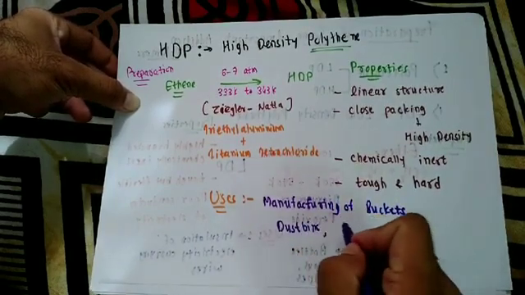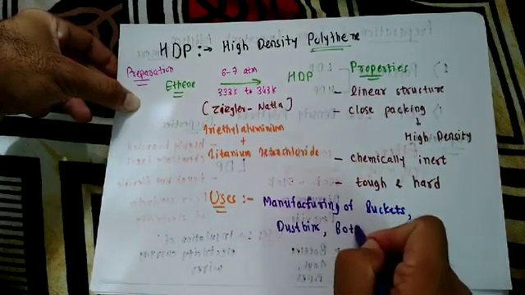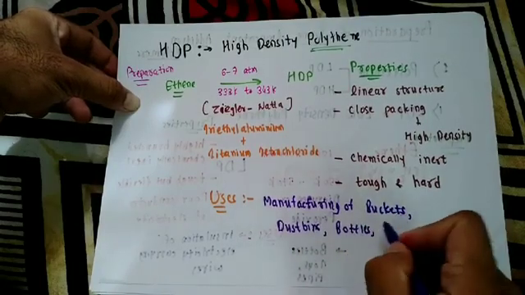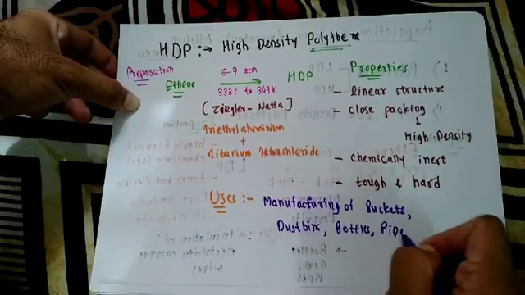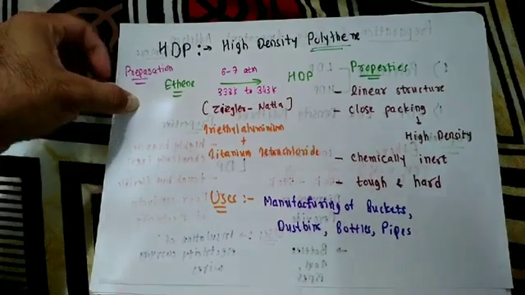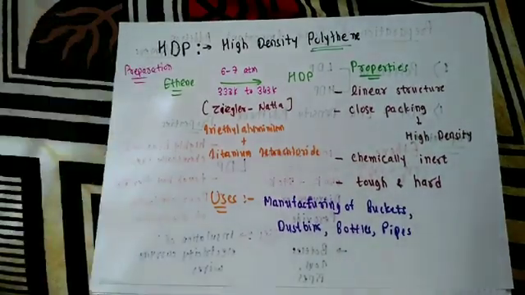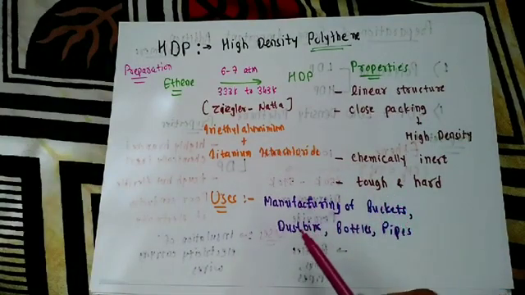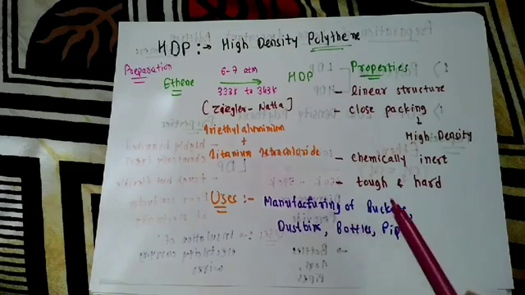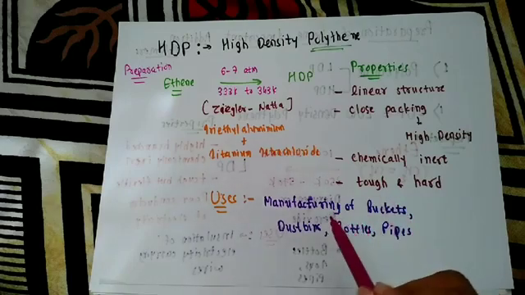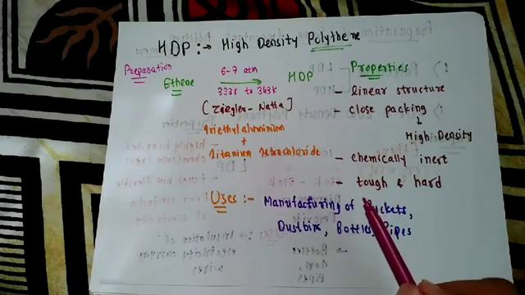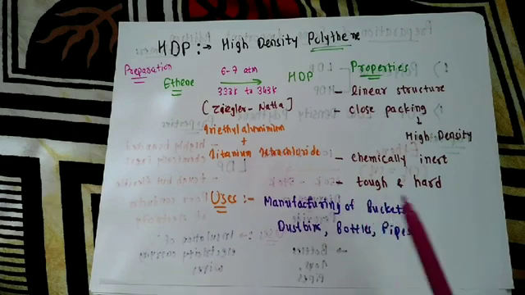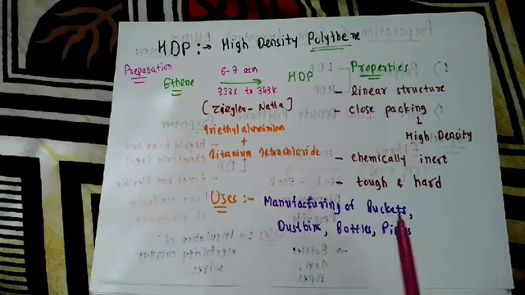Then they are useful for the preparation of bottles and pipes. In short, HDP is useful for the preparation of household items, those items which are required in our daily life: buckets, dustbins, bottles and pipes.